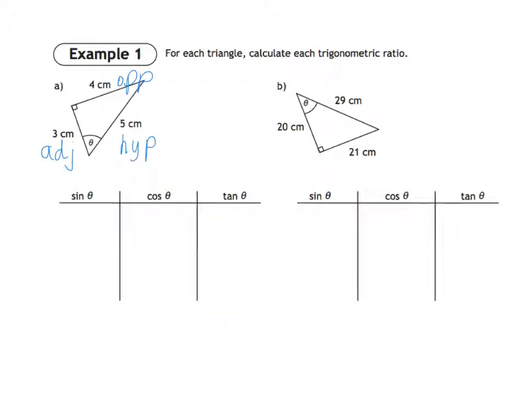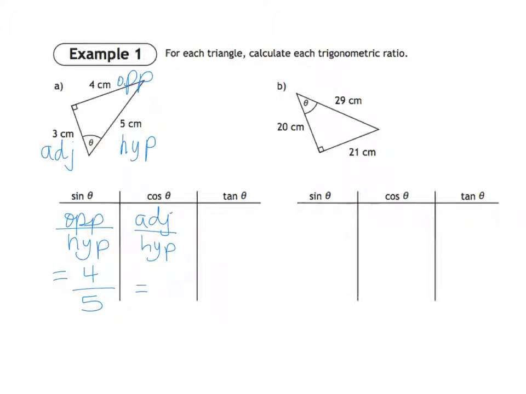So then when it asks us to find the sine of that angle, sine is just opposite over hypotenuse. The opposite side, which we said is 4, and the hypotenuse, which is 5. Which means that the sine of that angle is equal to 4/5. Cosine is adjacent over hypotenuse.